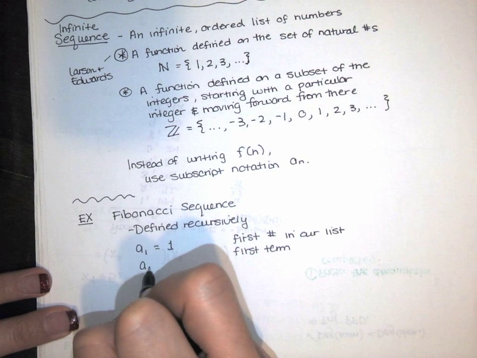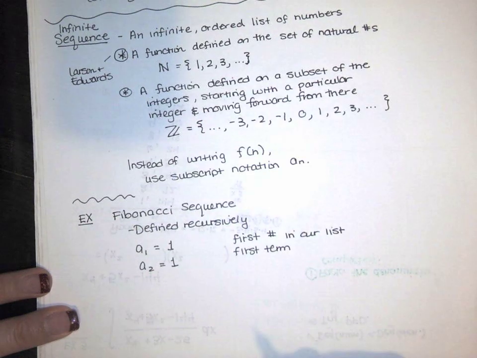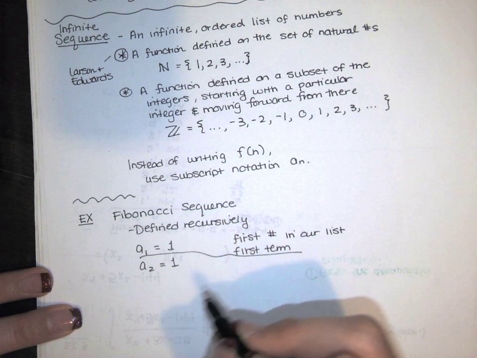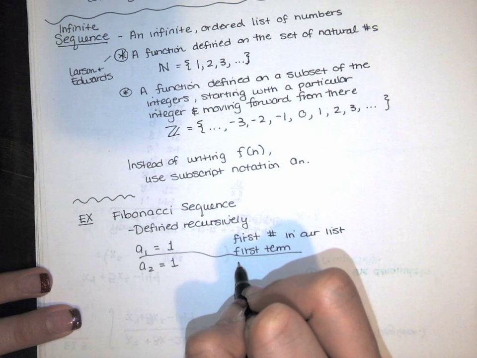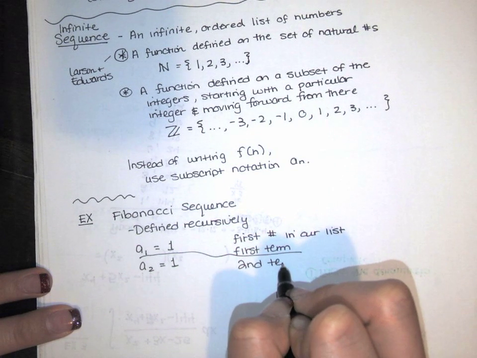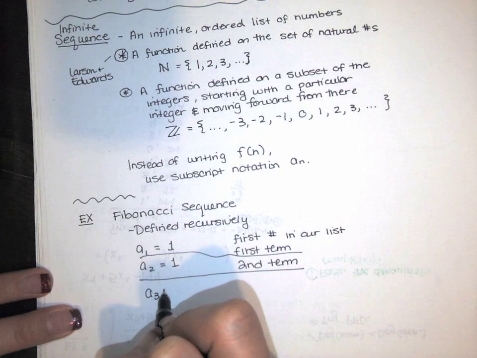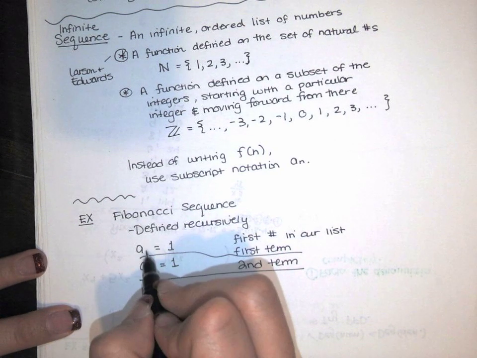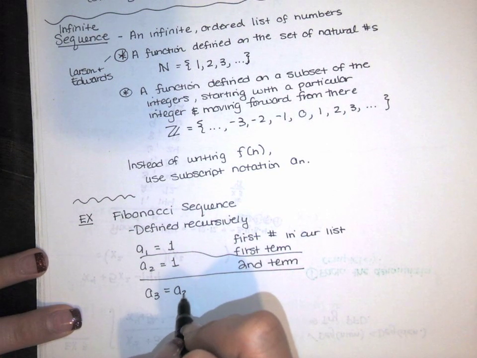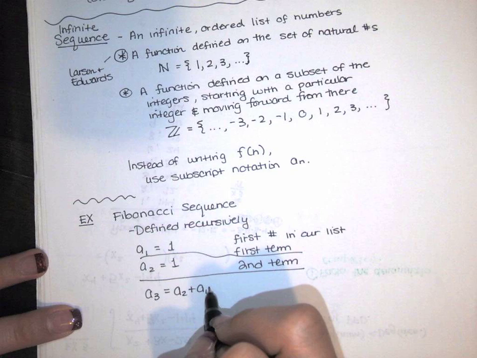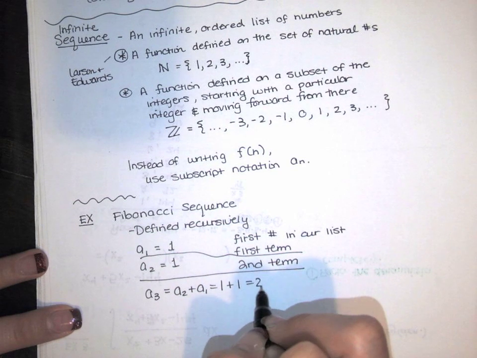The second term in the Fibonacci sequence is also defined to be 1. So a sub 2 is the second term. A sub 3 is defined to be the sum of the last two terms, so it's a sub 2 plus a sub 1. So we just get 1 plus 1, which is 2.